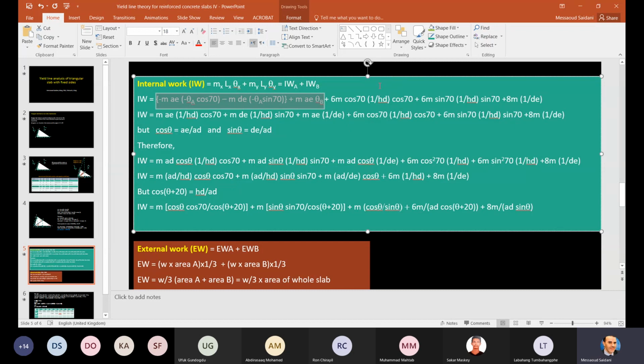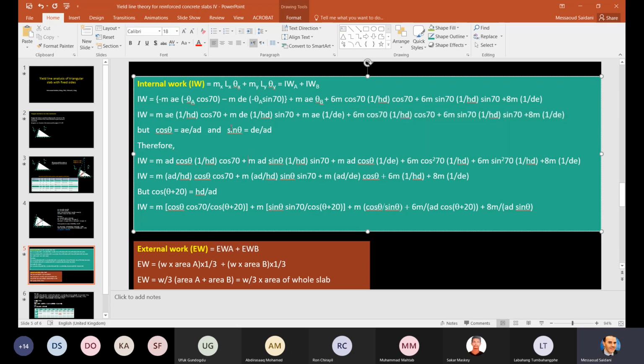And this part here is for the hogging part. And then you add them up together from the table. Is that clear? So up to there is sagging, and this is hogging.